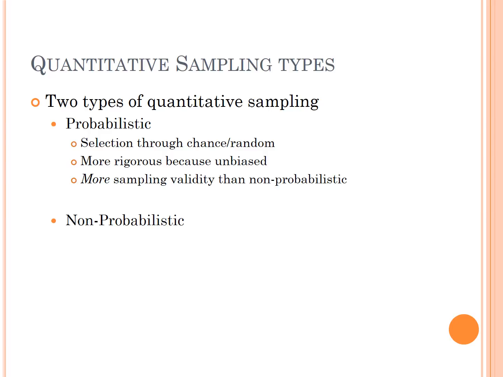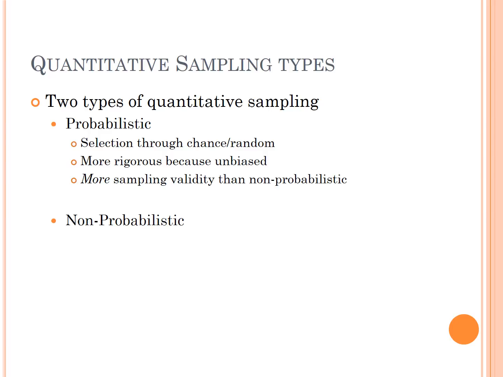So all selection is done through some sort of chance or randomness. This probabilistic sampling allows an unbiased estimate because the researcher is not determining who gets to be part of the sample and who does not. So because of this, it's considered more rigorous. And as you can imagine, probabilistic sampling then has more sampling validity than non-probabilistic sampling methods.